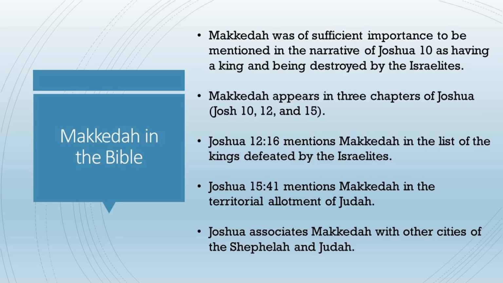Makkedah appears in 3 chapters of Joshua: 10, 12, and 15. In 12:16, it mentions Makkedah on the list of kings defeated by the Israelites. In 15:41, Makkedah is in the territorial allotment of Judah. And Joshua associates Makkedah with the other cities of the Shephelah and Judah.